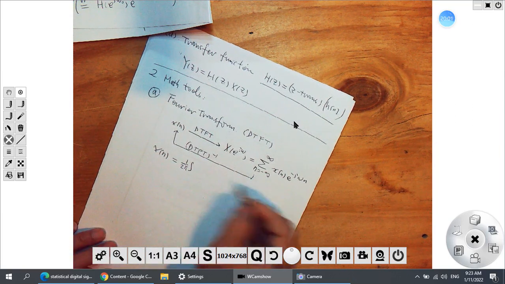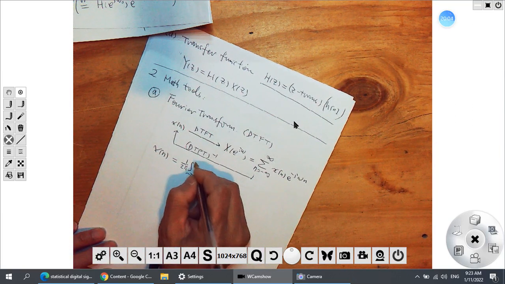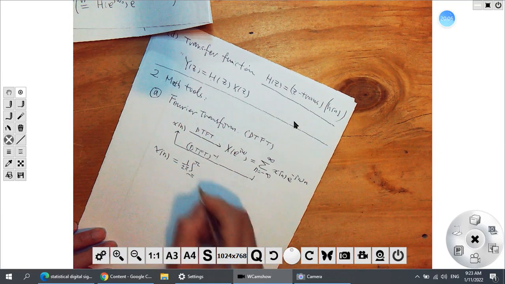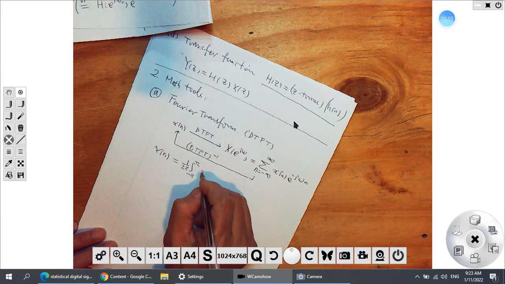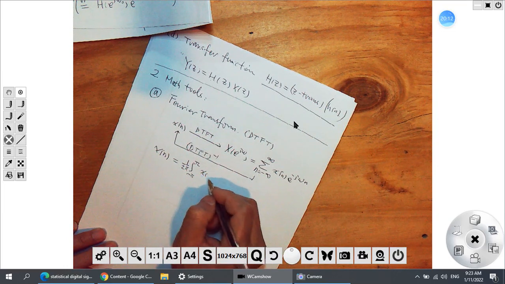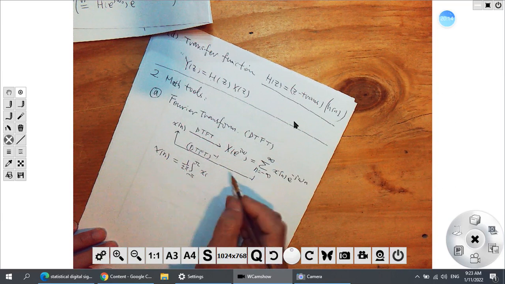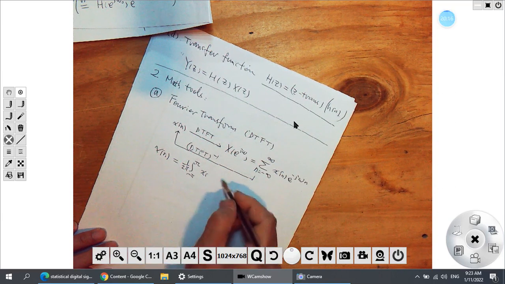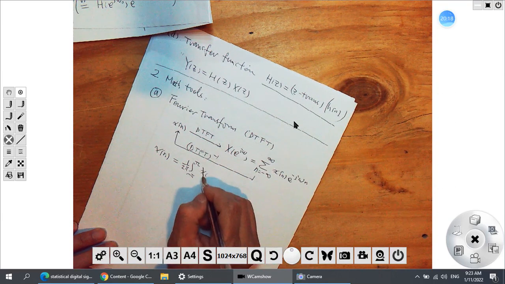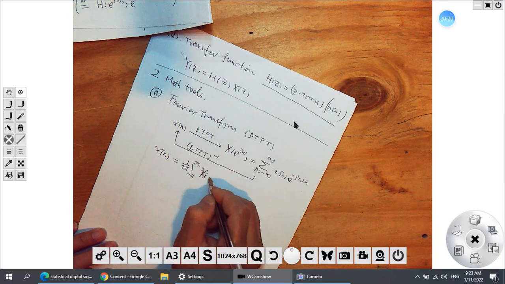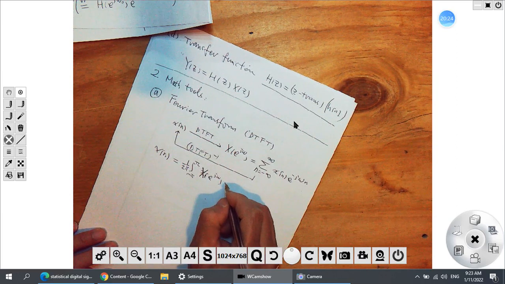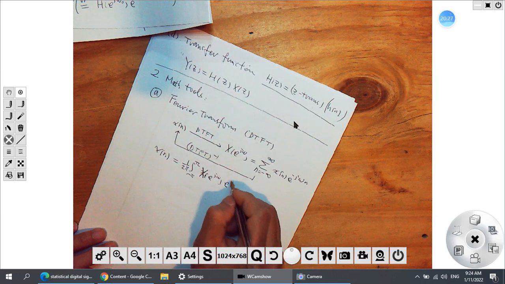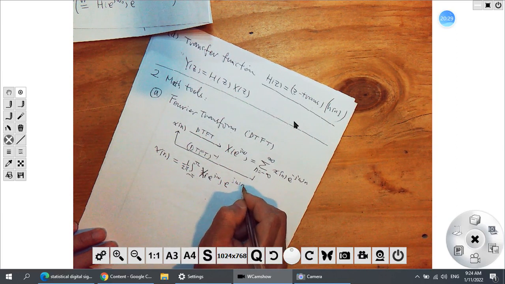The integral runs from negative pi to positive pi, and inside the integral we have capital X of e to the j omega, times e to the j omega n d omega.